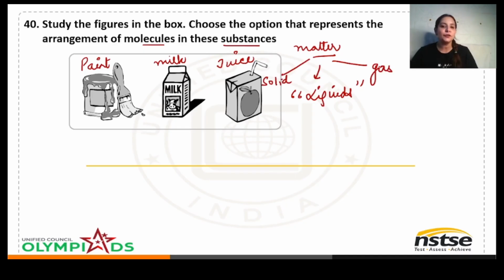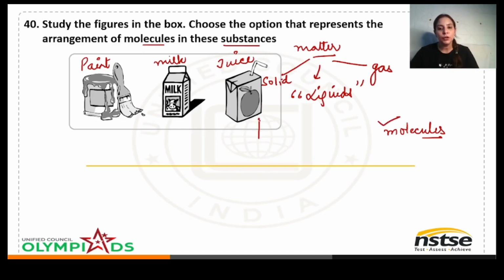These are the 3 states of matter. All these states are formed of particles, or you can say molecules. They differ from each other in their properties, and those differences occur just because there is a difference in the molecular arrangement.